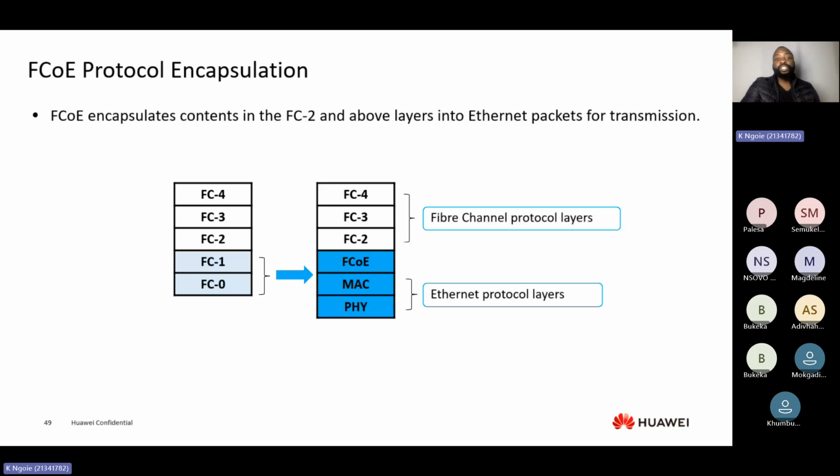And the last one, which is the FC4, is what we call the protocol mapping layer. So this one will just allow different types of data to be transmitted over the FC infrastructures.